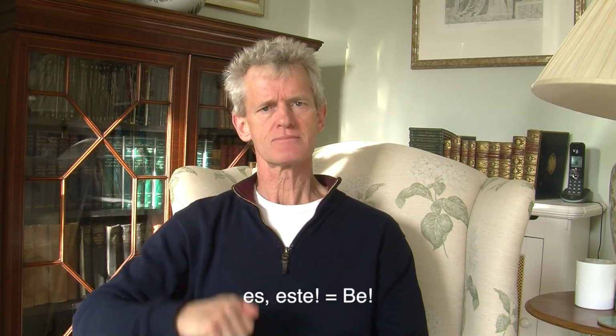Now, just before we leave imperatives, there are some irregular imperatives which are quite handy to learn. So if we just quickly do the imperatives of those verbs. Now, for sum, you'd expect it to be a bit peculiar. It's irregular. So if you want to say be, and you're talking to one person, it's es.